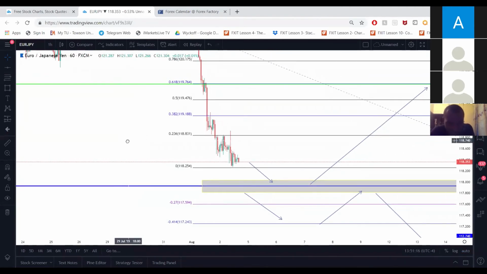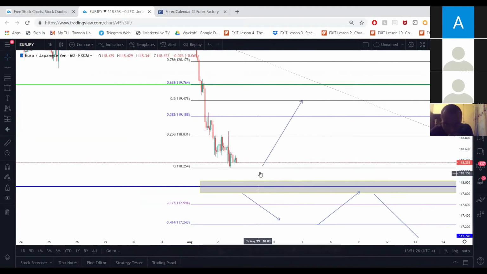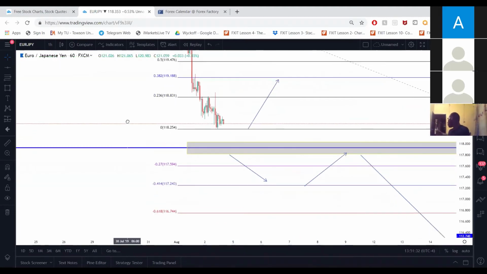Okay, I forgot to mention this. Some people just trade using Fibonacci, right? Let's clear this up now because I already shared it in a group. If you get a rejection from this point to 38.2, and you sell it, your first take profit is -27, because those are Fibonacci extensions.